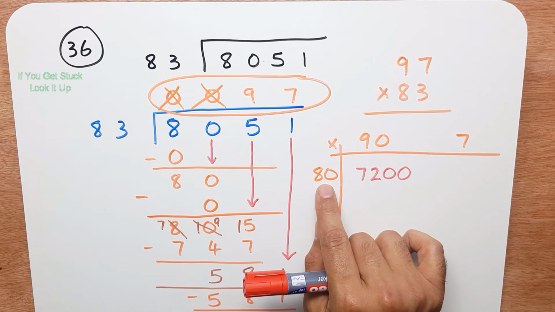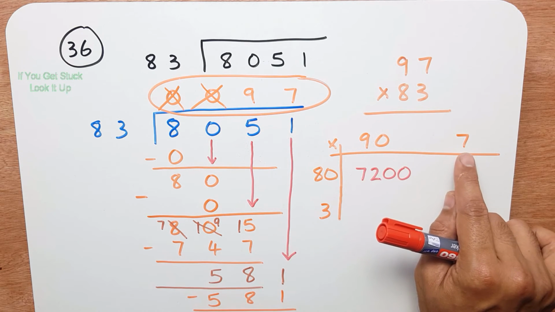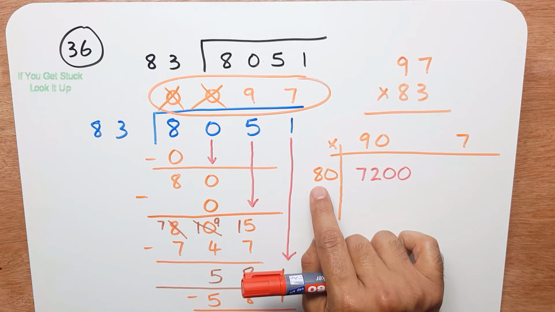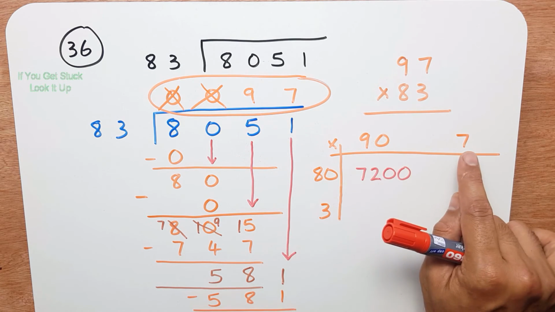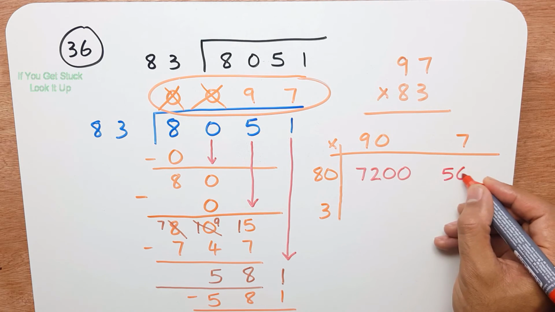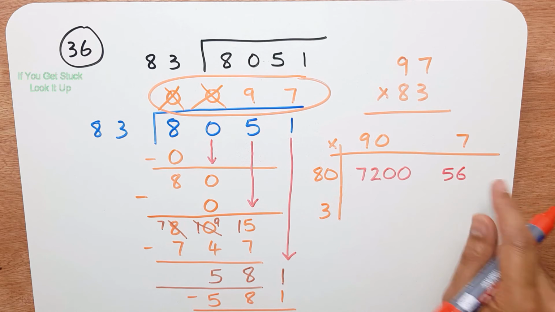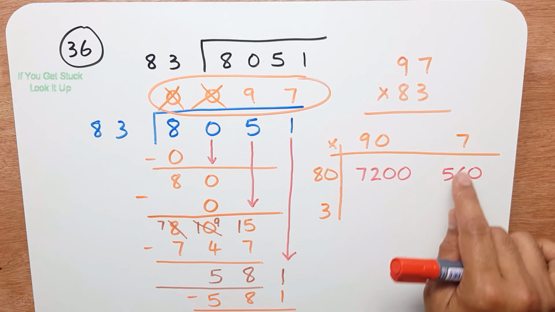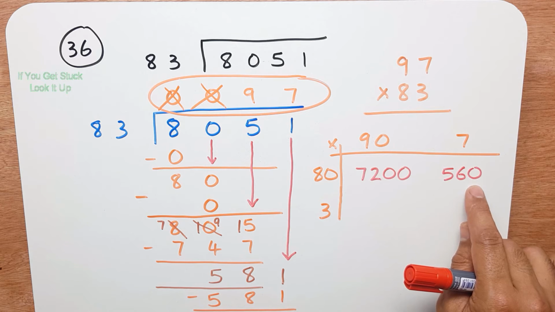Let's move on. 80 times 7. Again, what I'll do is I'll hide this 0. So my calculation is 8 times 7 is 56. And I'll bring this 0 back. So 80 times 7 is 560.